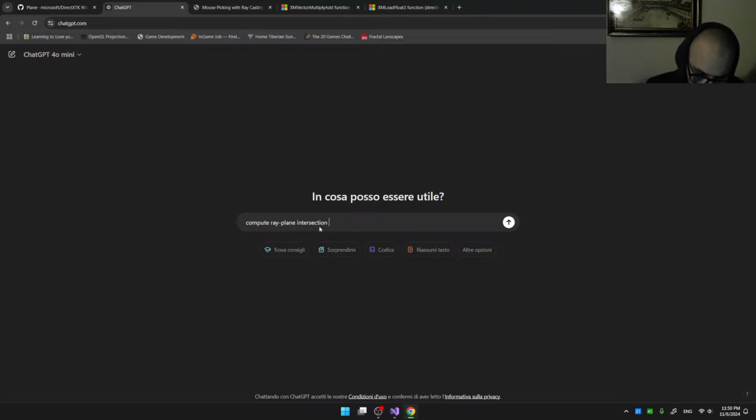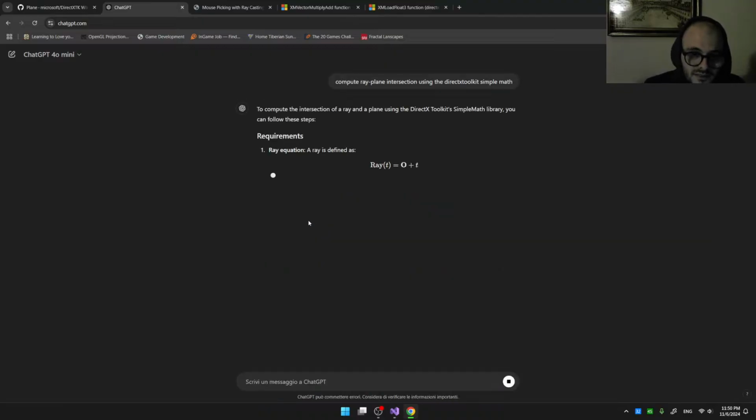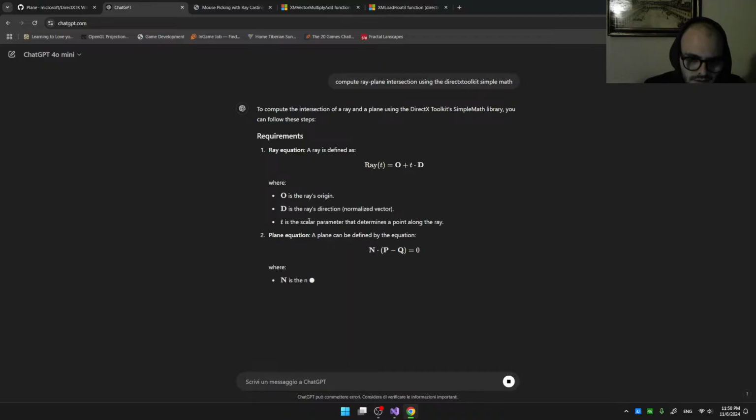Intersection with the DirectX Toolkit SimpleMath.